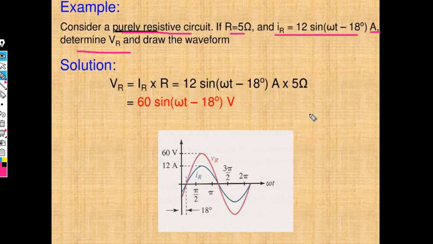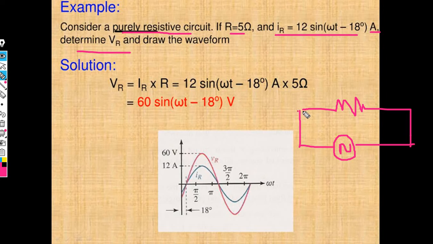For example, we have drawn one circuit. This is the resistance, and this resistance is connected to an AC voltage. This is the circuit diagram.